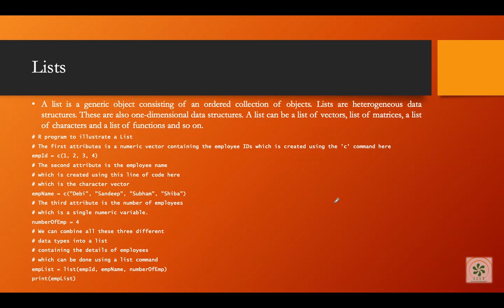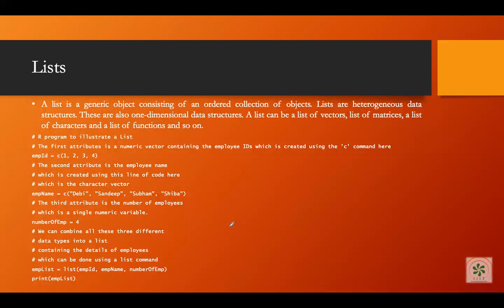Okay. So what we do is we'll see after some time, so that we can understand it. Otherwise, with the help of vectors, we can see it. So it is saying that a list is a generic object consisting of an ordered collection of objects.